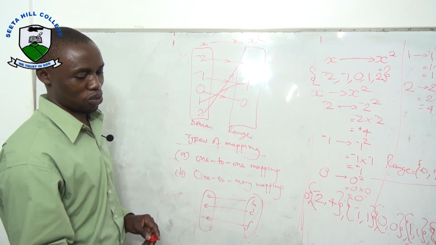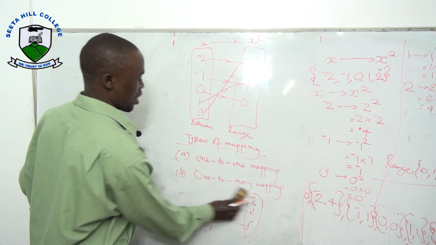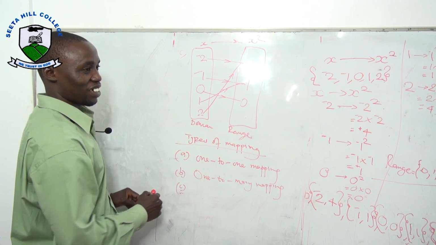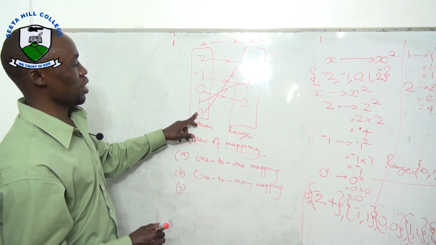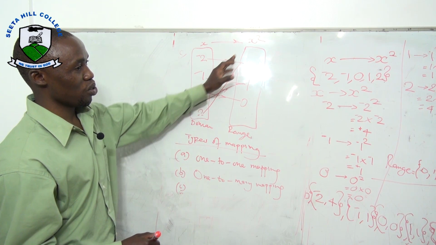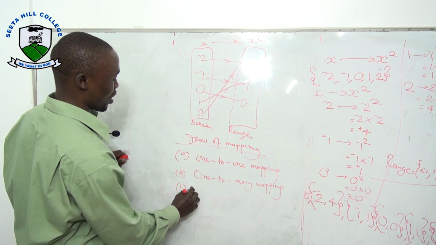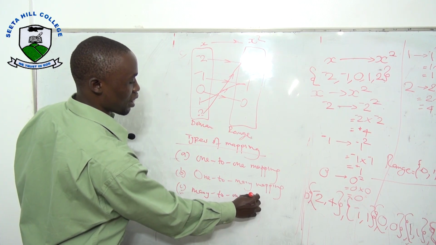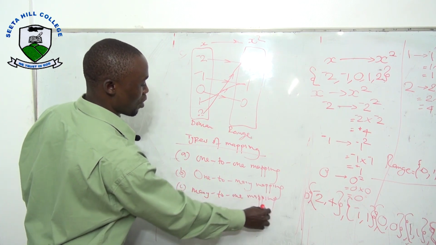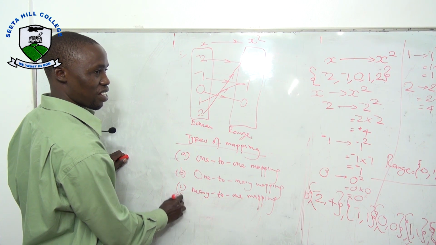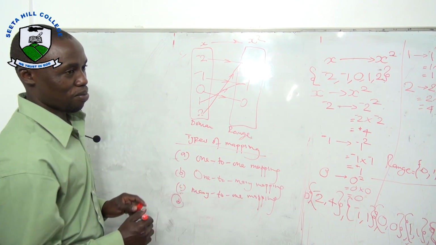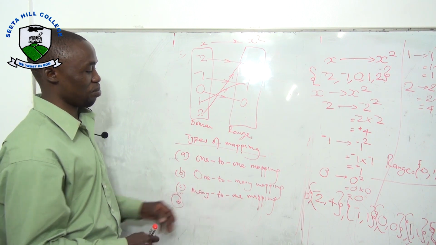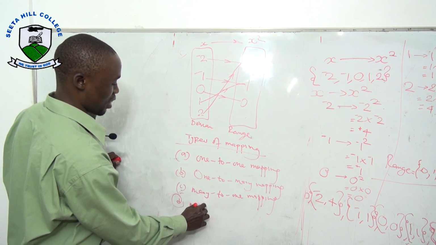Which type of mapping could we categorize that? These are now 2 to 1. That means we can have it as many to one. What will be the other last one? Many to many.